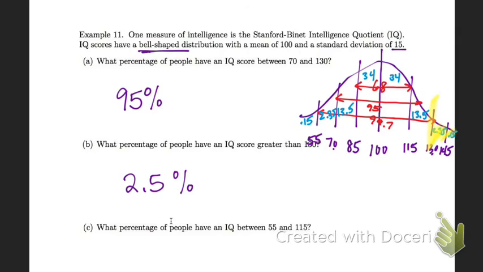What percentage of people have an IQ between 55 and 115? So I'm going to look at 3 standard deviations below and 1 above. So 68 plus 13.5 plus 2.5 plus 13.5.